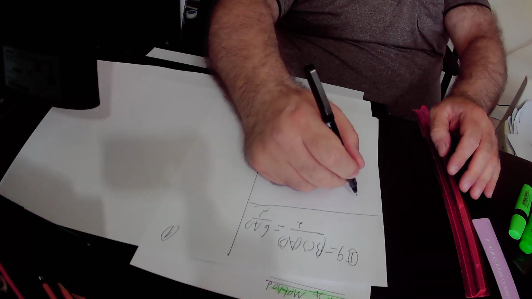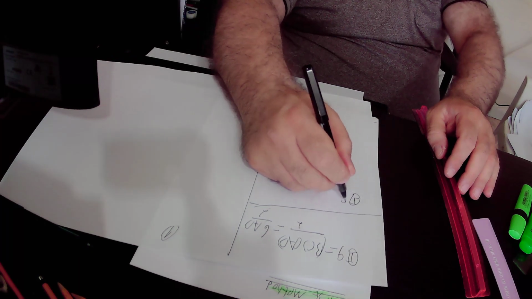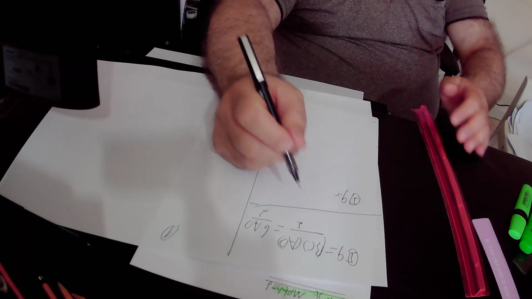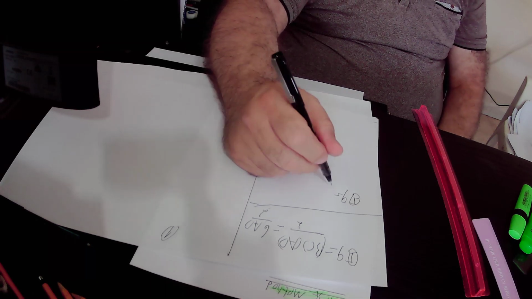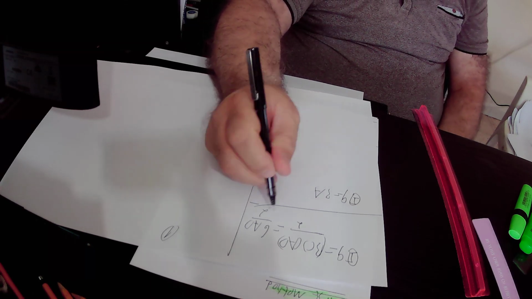This comes to equation number 1: 9 equals 6 over 2 times AD, which is 3, so 9 equals 3 AD.